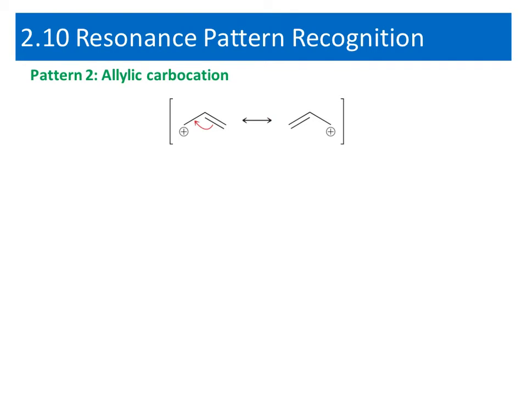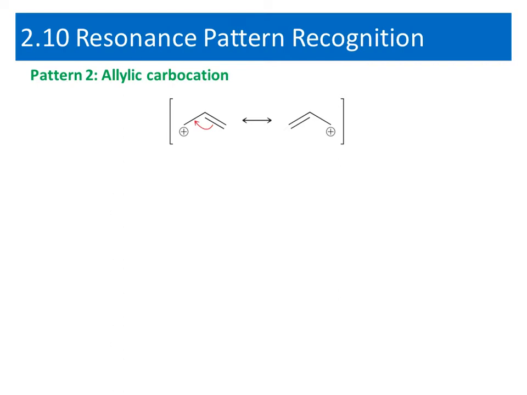The second pattern is allylic carbocation. Again, we are focusing on allylic positions, but this time we are looking for a positive charge located in an allylic position. So we have our carbon-carbon double bond, and we have a positive charge on the allylic position.